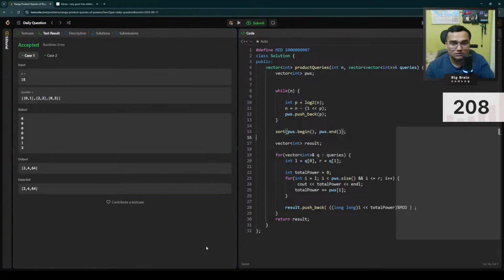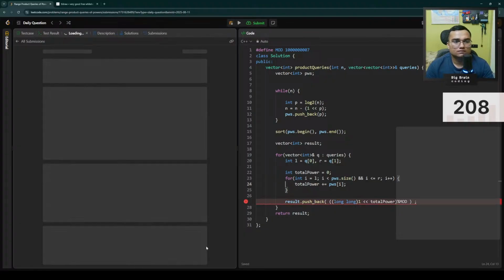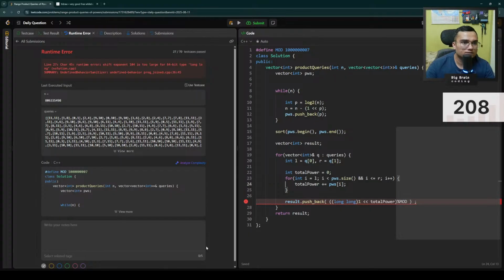Okay, this makes sense. Okay. Enter. Shift exponent 104 is too large for 64 bit type long.